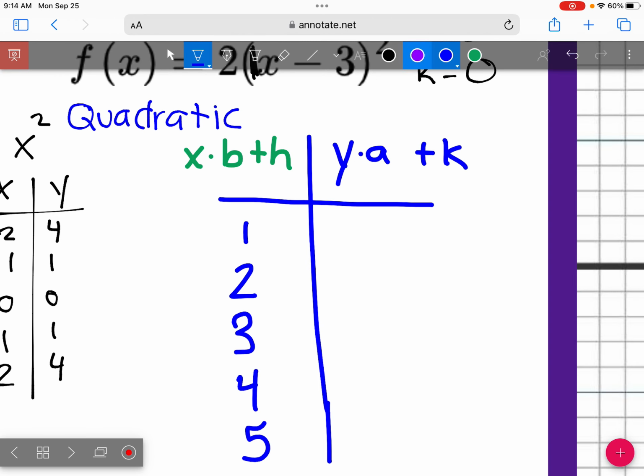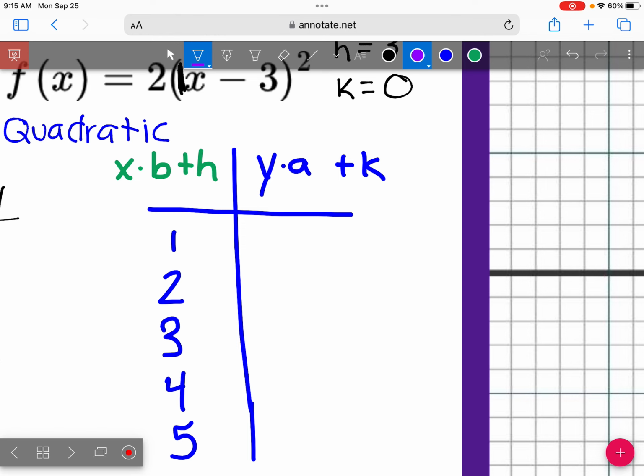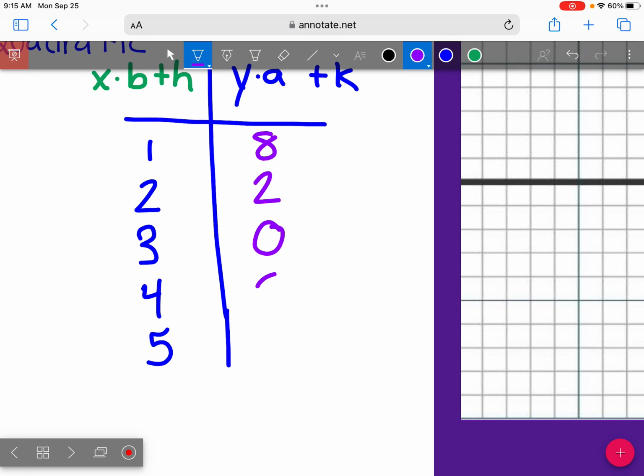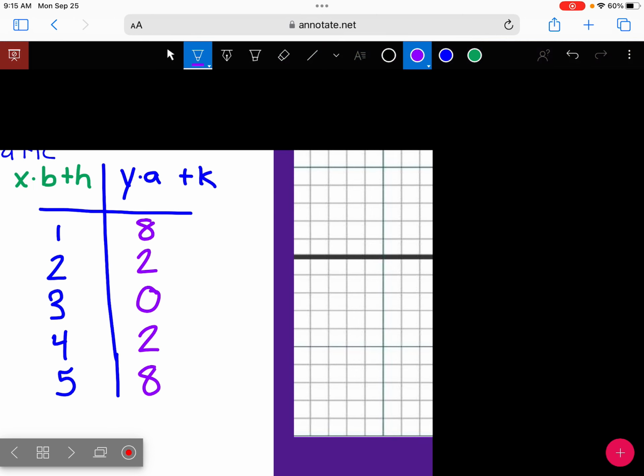Then we're going to take our y values from our parent table times A, so in this case times 2 plus 0. So 4 times 2 gives us 8, plus 0 is 8. 1 times 2 is 2, plus 0 is 2. 0 times 2 is 0. 1 times 2 is 2, and 4 times 2 is 8.